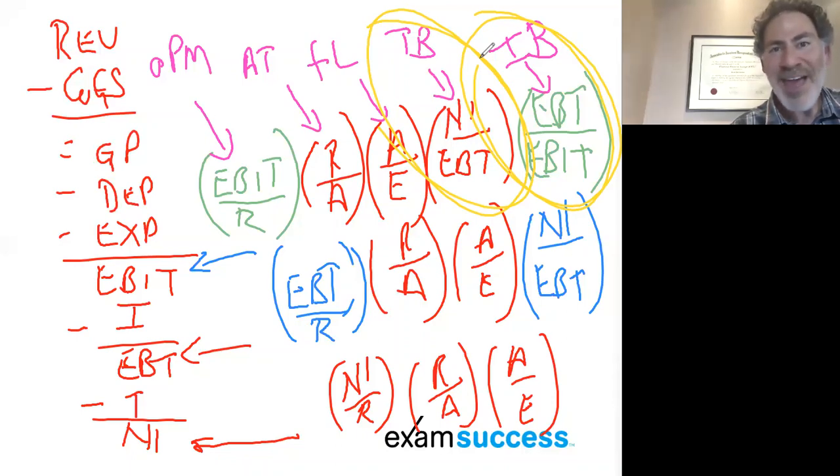What I mean by that is if you see these numbers going up, it means the tax burden's gone down or the interest burden's gone down. Take a look at one of my examples and you'll see that. So I think this is something just to be aware of. All right, you guys okay with that?